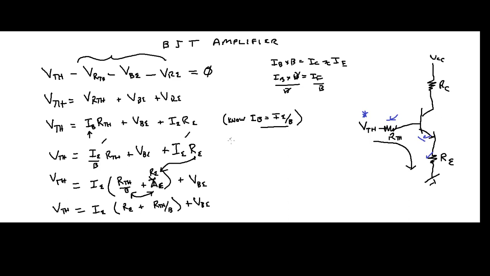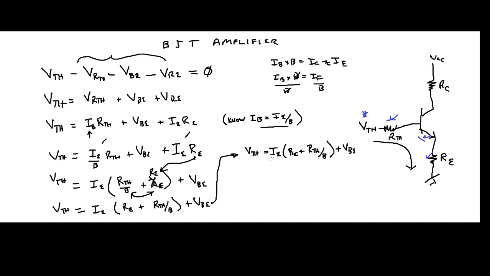Now, I'm going to rewrite this over here so you can follow it, so we can then solve for IE. We'll have VTH equals IE times RE plus RTH over beta, plus VBE.